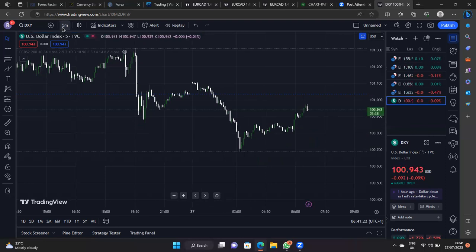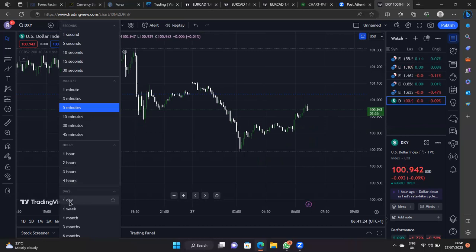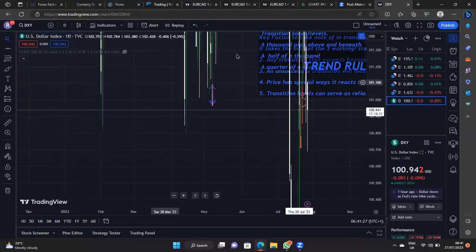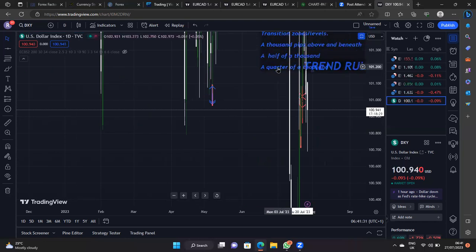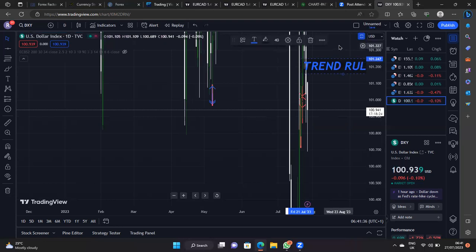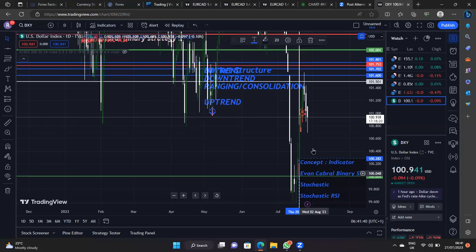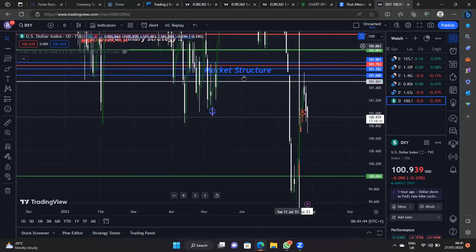So we are switching this to the daily time frame. Okay, so this is the daily time frame of this chart.